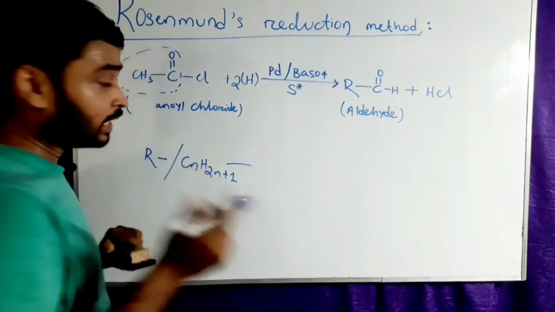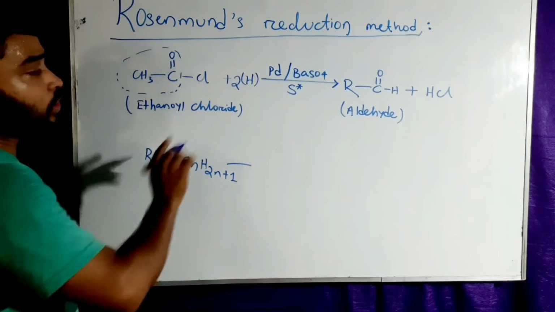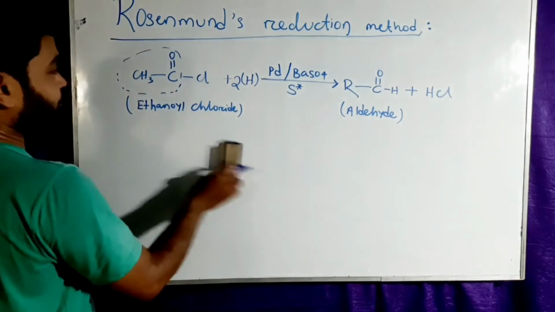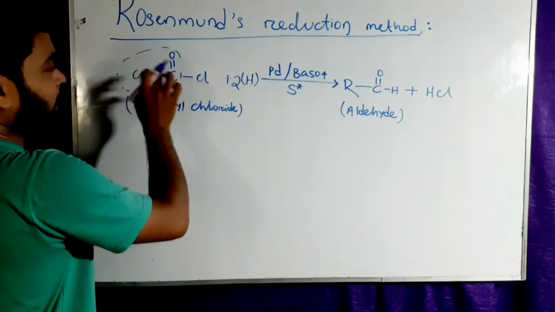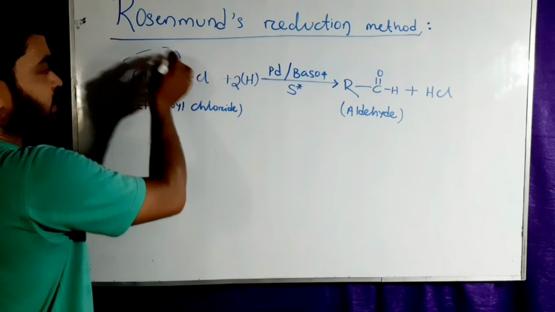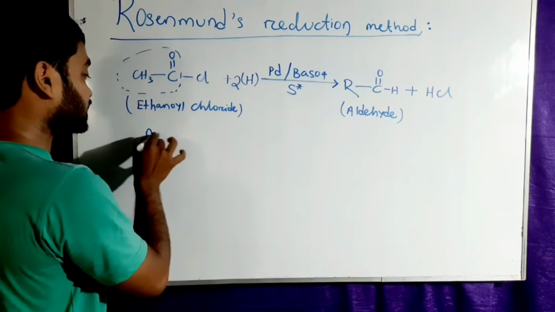Eth expresses the total number of carbons, so ethanoyl chloride will be the IUPAC name for the compound, and the common name for the compound is acetyl chloride, because it is the acetyl group.